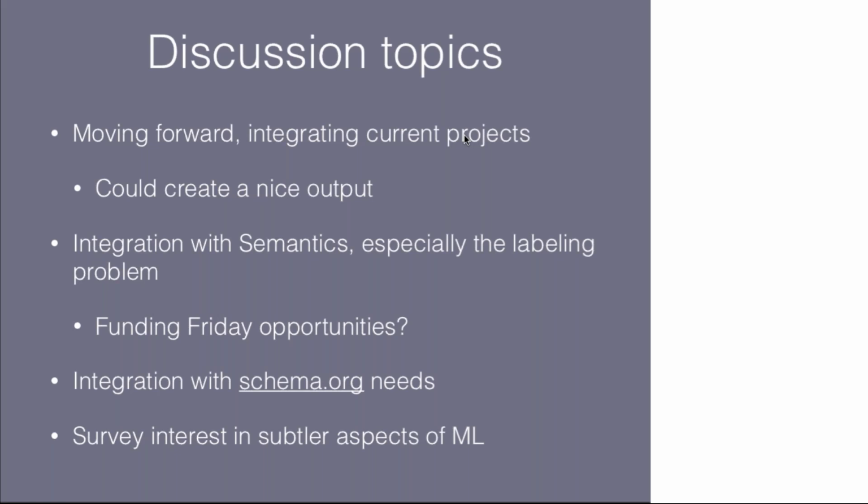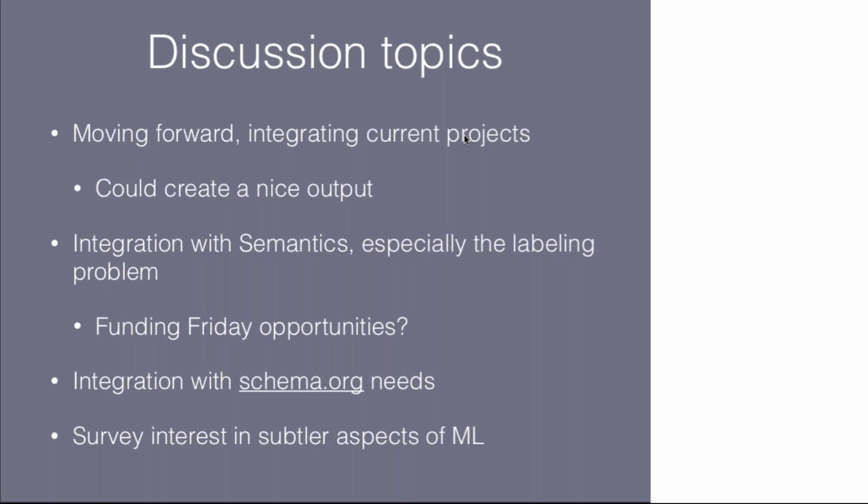The integration with schema.org. I'm sorry, who was talking about that? They have issues that they need addressed. So there are cross-cluster and committee opportunities that we could try to promote.